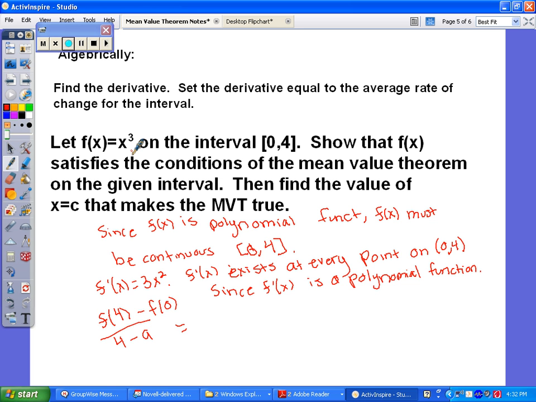So 4 cubed gives us 64. 0 cubed is 0, and I'm going to divide that by 4. And then 64 divided by 4 gives me 16. Okay? And this is our average rate of change.